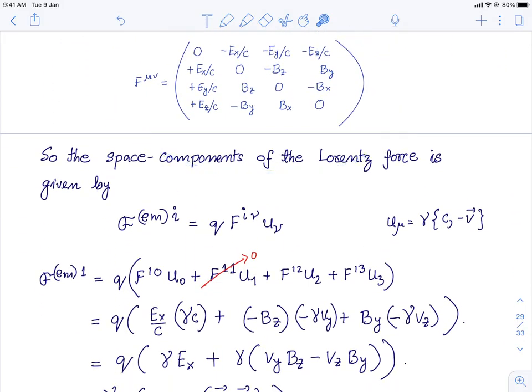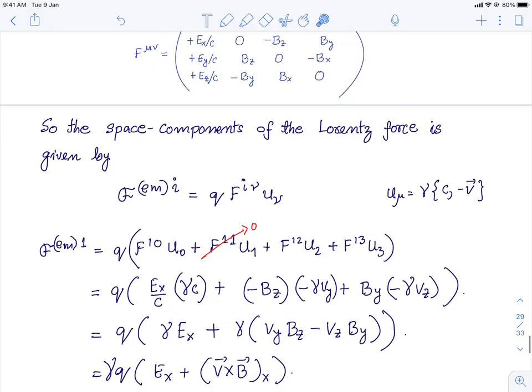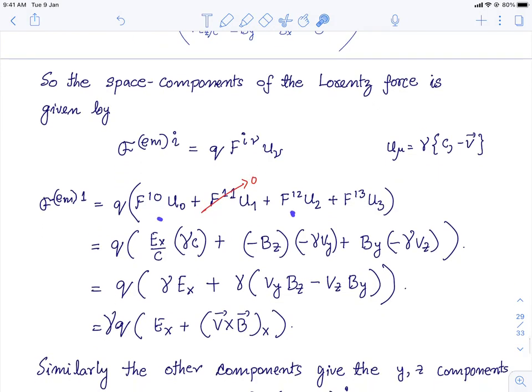Now we are experts in doing that. If we take the space component 1 here, then nu can be either 0, 1, 2, or 3. When it is 1, it's 0 because F is antisymmetric. So there are 3 terms here which are non-zero.